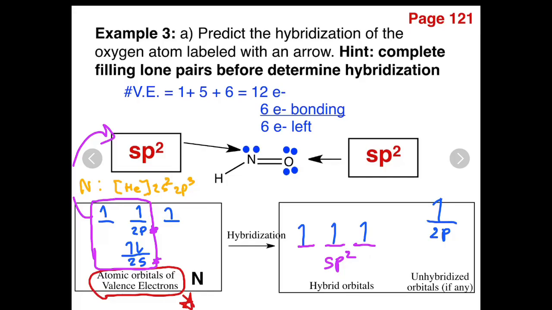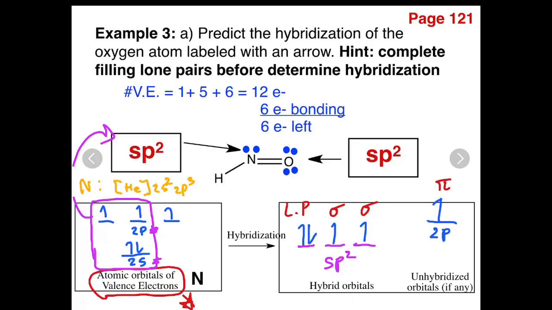So we fill in 1, 2, 3, 4, and then start to pair, so the 5th one would be here. A single electron in a hybrid orbital represents a sigma bond. A pair of electrons in a hybrid orbital represents a lone pair. And the unhybridized 2p is always going to make a pi bond.